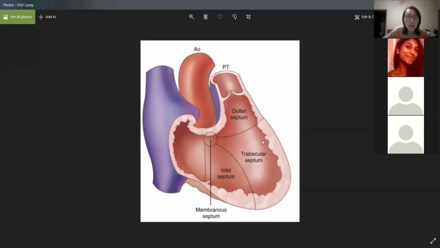When I explain about VSD, and also next when we talk about ASD, I will need your imagination to picture where the defects are, or where the parts are, because understanding the anatomy and parts of the intraventricular septum is important, and it makes the job easier when we name types of ventricular septal defects later on.